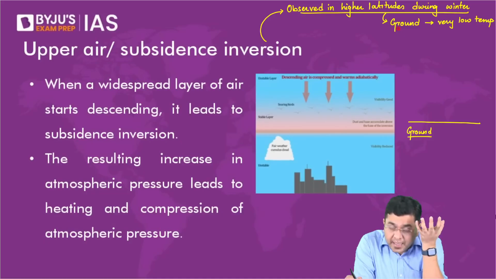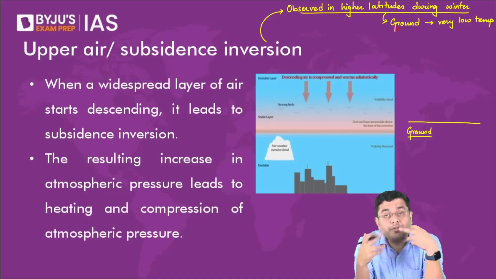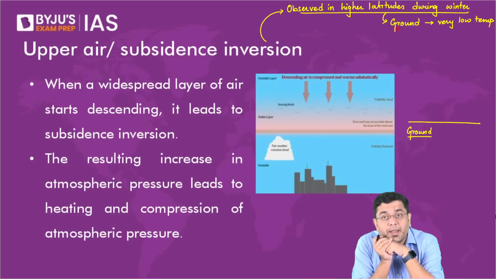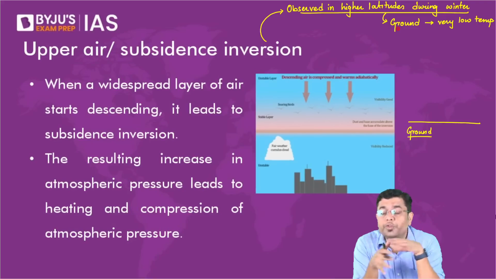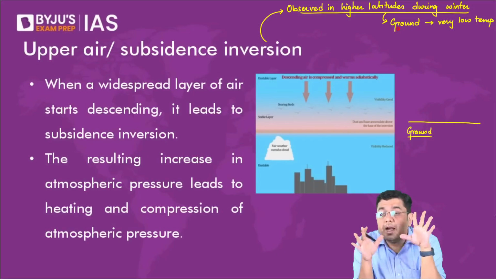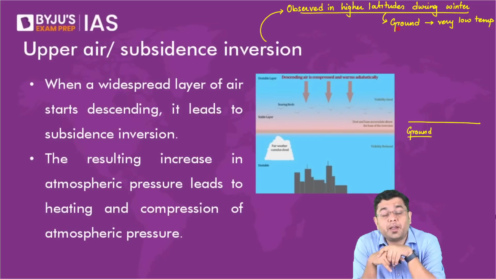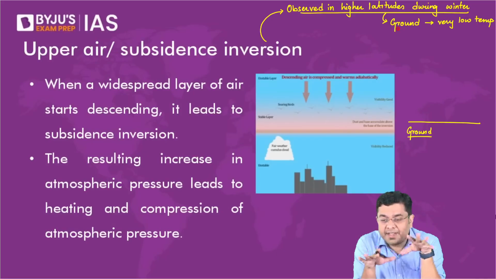So when the air begins to sink, it will go into the region where the air density is higher. And when the air sinks into the region where the air density is higher, can we say it will experience an adiabatic compression?